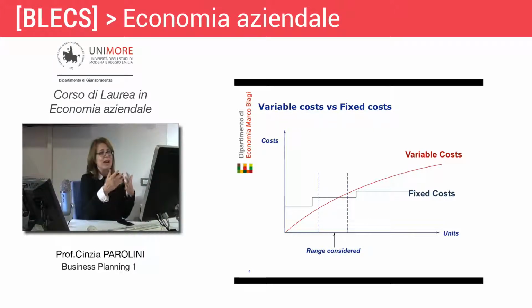Development costs are not linked to units, so I could even depict them on a graph such as this. For the sake of financial forecast, they are usually added to fixed costs, so they are added on the top of fixed costs.